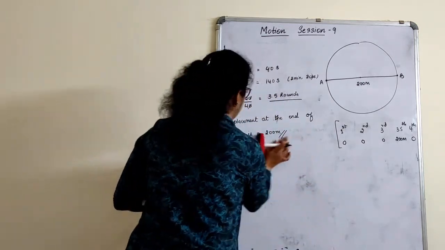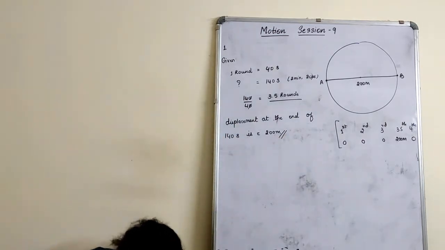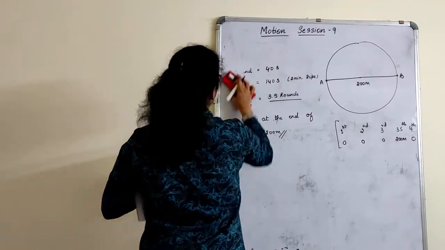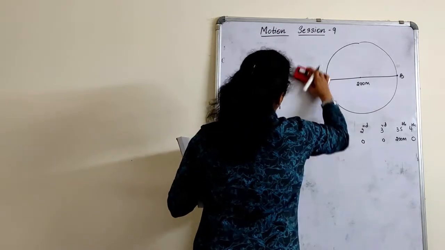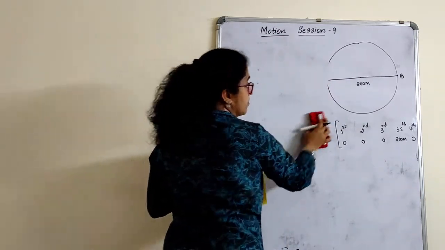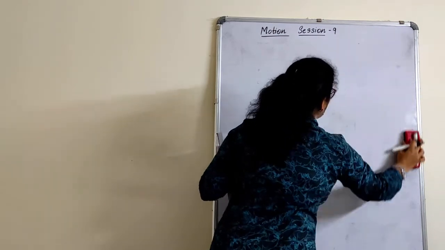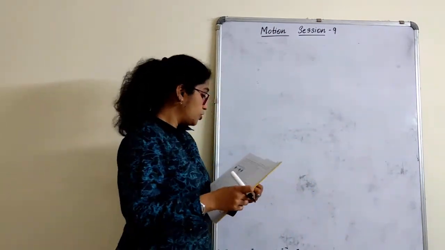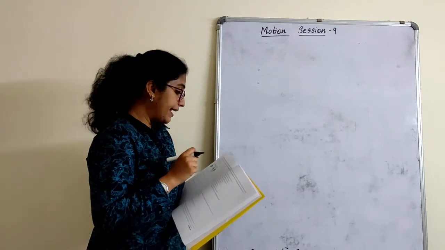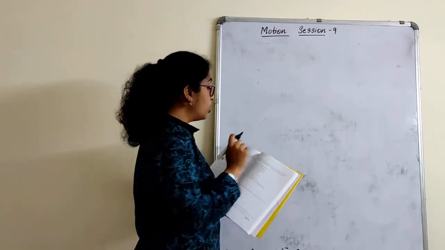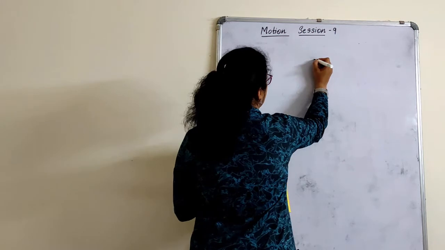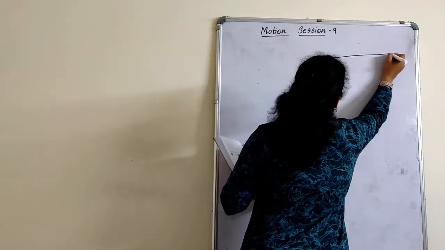Second one. Joseph jogs from one end A to another end B of a straight 300 meter road.